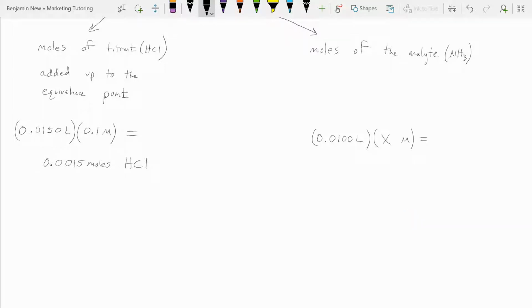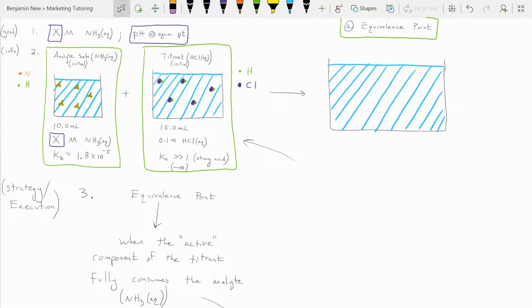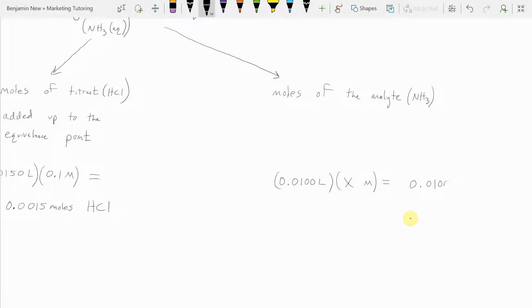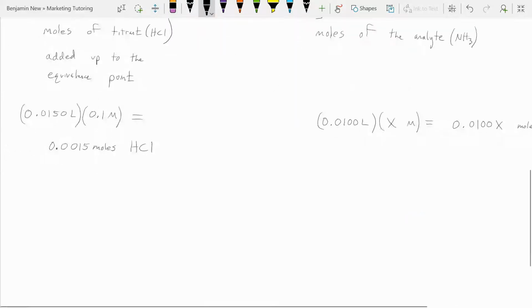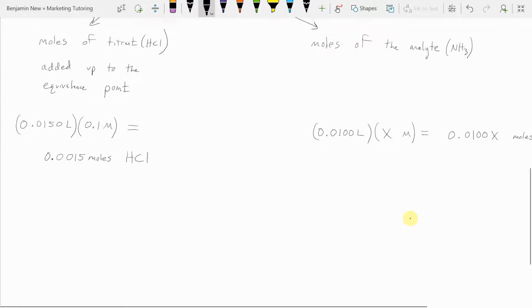And so we get, make sure that we did that correctly. Yep. Okay, and so we get 0.0100x moles of ammonia. Okay, so that has a variable in it, but that's okay.